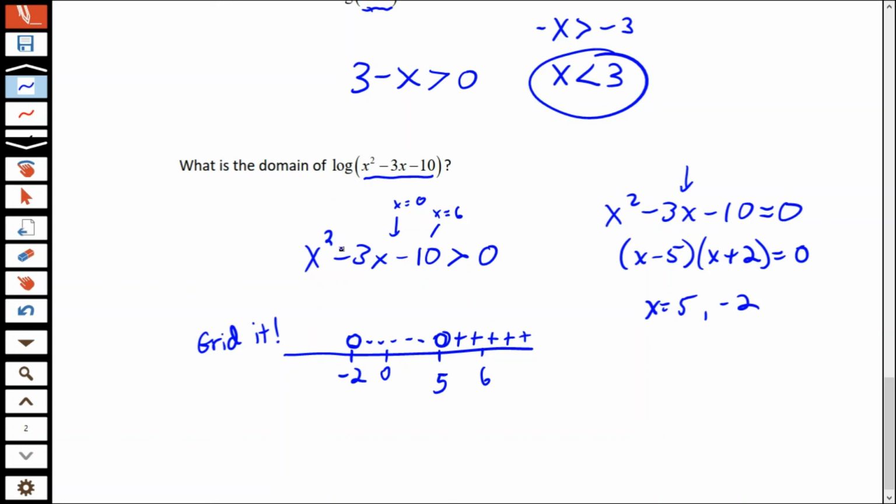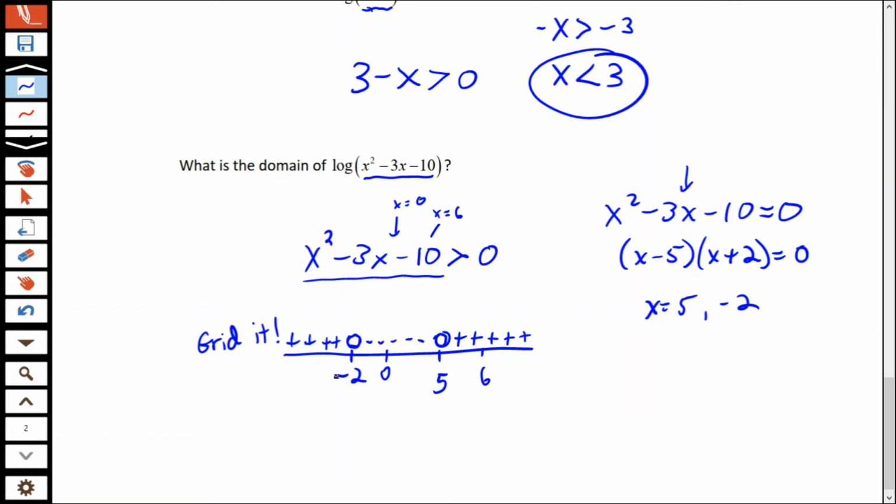Look, this expression here is quadratic. It's a polynomial, which means it's defined everywhere, and it doesn't jump or anything like that. And so the graph of it is actually a parabola, and I'm going to be positive on the outsides, negative in the middle where it dips below the x-axis.